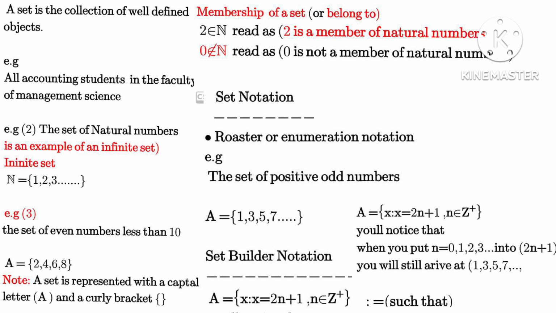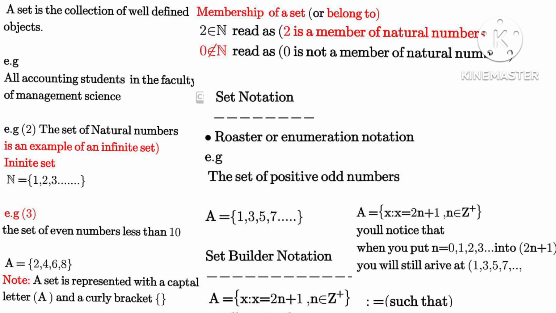Now, you should also note that all the sets we have must be represented with a capital letter. So if you see a question where the set is represented with a small letter, know that it is not a set. It is also represented with a curly bracket.